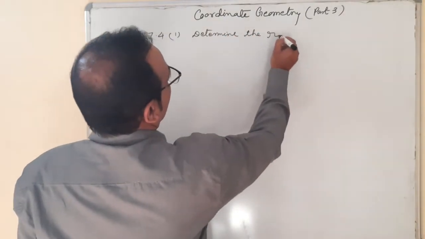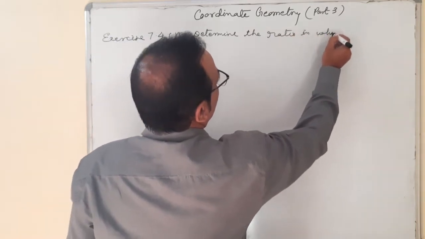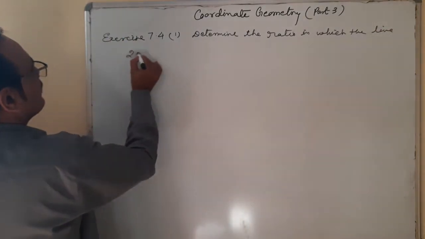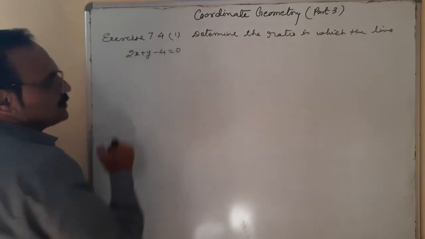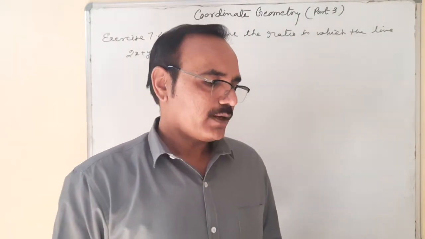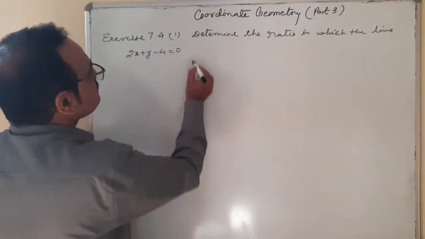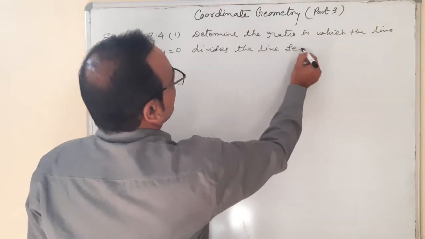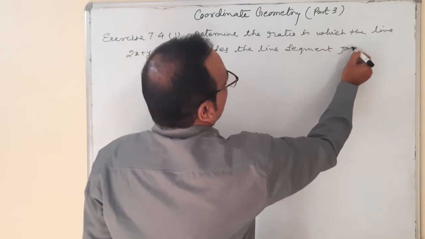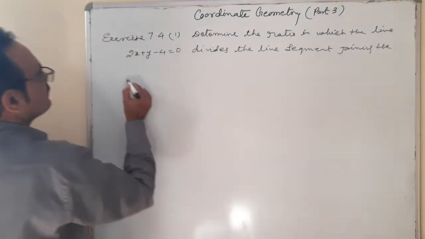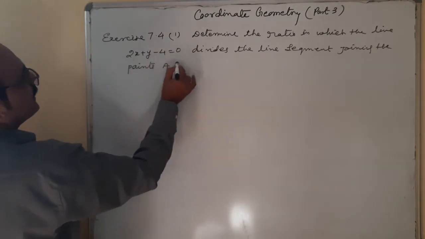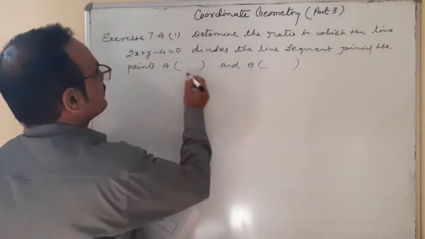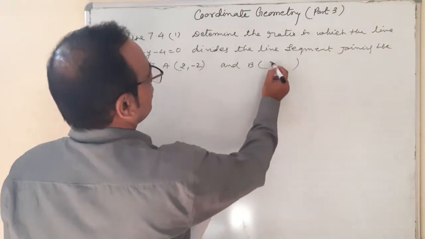Question number 1. Determine the ratio in which the line 2x plus y minus 4 is equal to 0 divides the line segment joining the points A and B, and the points are A and B given (2, minus 2) and (3, 7).